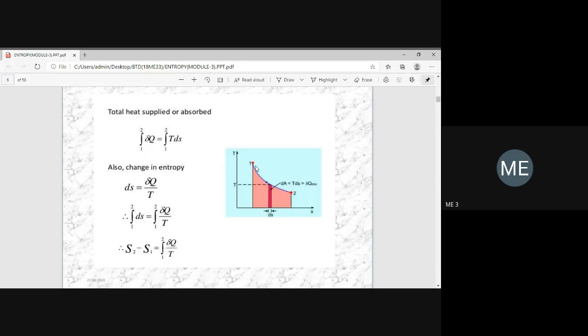For example, P1, V1, T1, P2, V2, T2 means all these thermodynamic properties have definite values at the particular state point. On the other hand, the work done and heat transfer are path functions. They do not depend upon the end state, rather they depend upon the entire path followed during the process from 1 to 2.